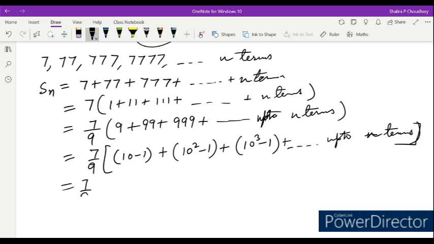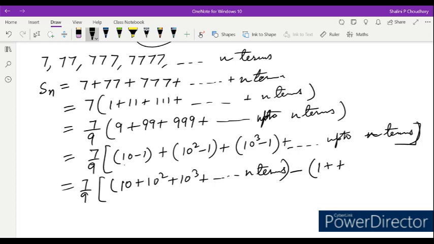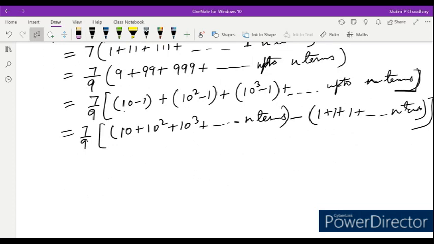So 7 upon 9 into, now we can take 2 parts: 10 plus 10 square plus 10 cube plus dot dot dot n terms, minus 1 plus 1 plus 1, up to n terms. Now 1 taken n times, that will be n.